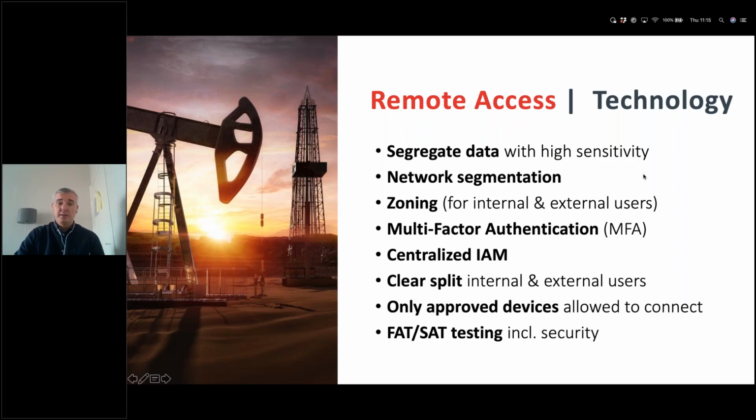So considering the technology, we also have to think very much about the segregation of the data that's flowing in the network. Therefore, we have to understand what is the highly sensitive data that is important, and that one has to be really segregated from the rest of the communication going through.